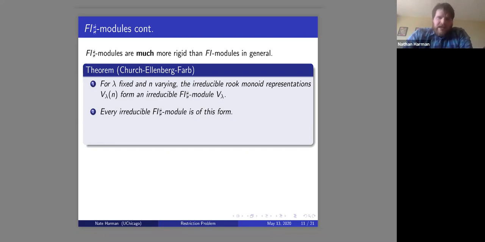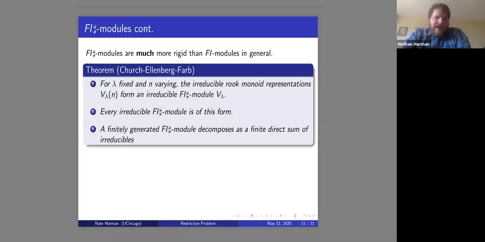And even more amazing is that this whole category of FI sharp modules, which are infinite chains of these representations glued together, is semi-simple. There's a complete reducibility statement. And this last part is crazy. This sort of shouldn't happen, but it does. So we look at FI modules, this third point is just wildly false.